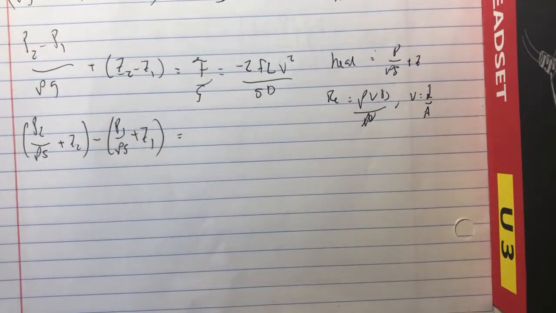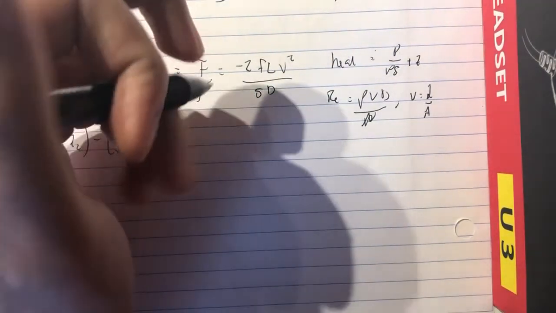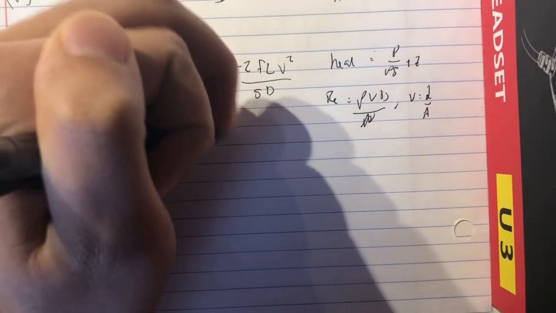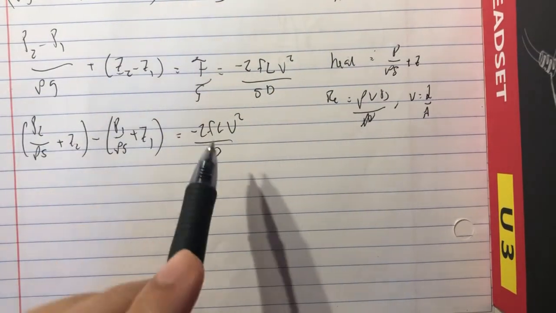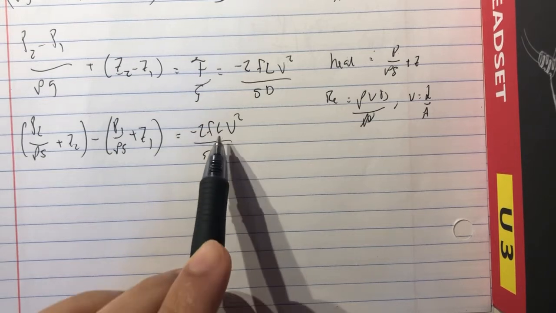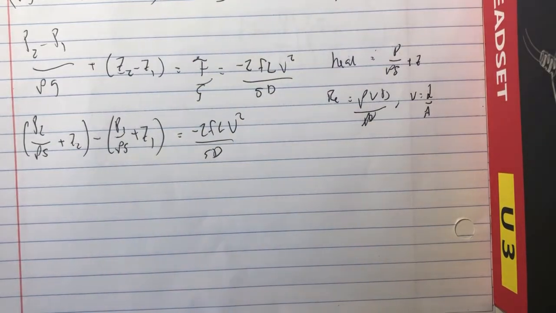Now we just need to figure out what this side of the equation is, and that's minus 2 f L V squared over g times D. We know what 2 is, we know what g is, we know what D is, we know what L is. These two, f and V, are a bit of an issue though, but easily fixed.